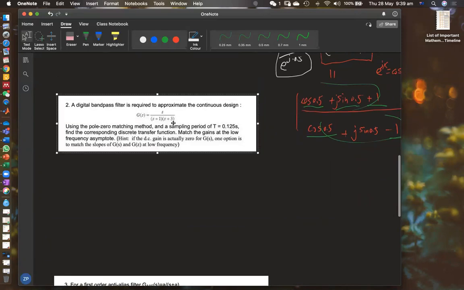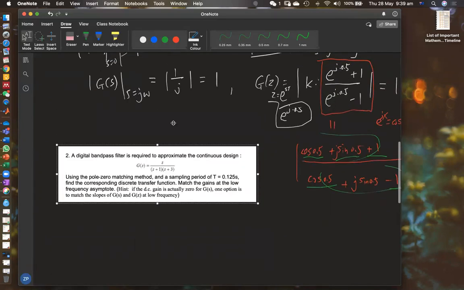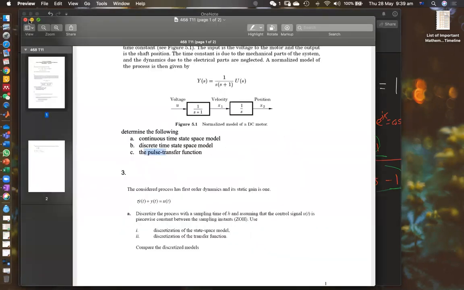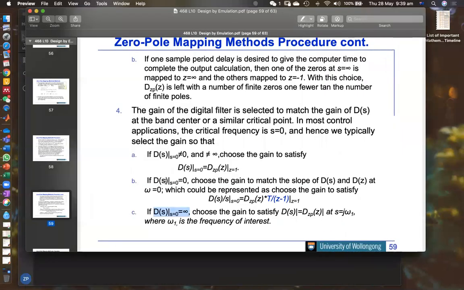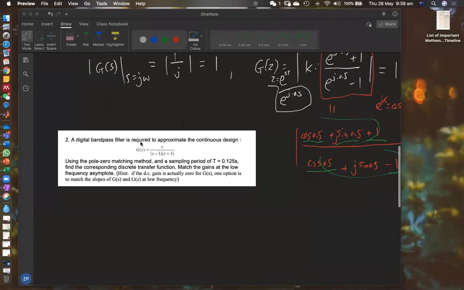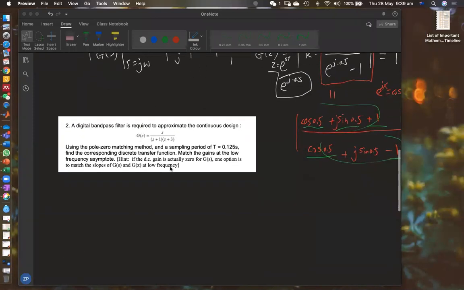So this question 2, it's the zero pole mapping. It's the case 2. You got this case 2 for question 2. Okay, so you guys understand this, so I'm not going to go through this.